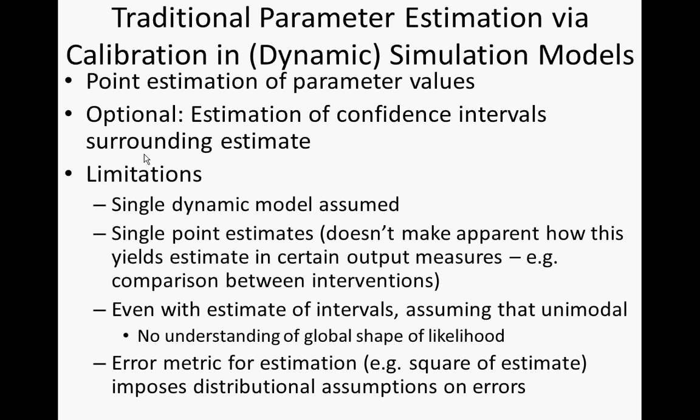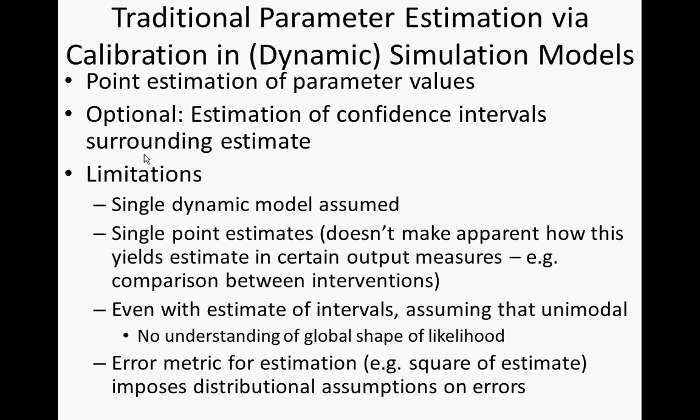Second is that in many, many cases, we're emerging with just a single point estimate for parameter values. An estimate that doesn't really capture the degree of uncertainty associated with that, doesn't capture systematic variation in the uncertainty associated with, say, one parameter versus another. The fact that, for example, this model may closely match the empirical data either if A and B are both high together, or A and B are both low together, but not other combinations.